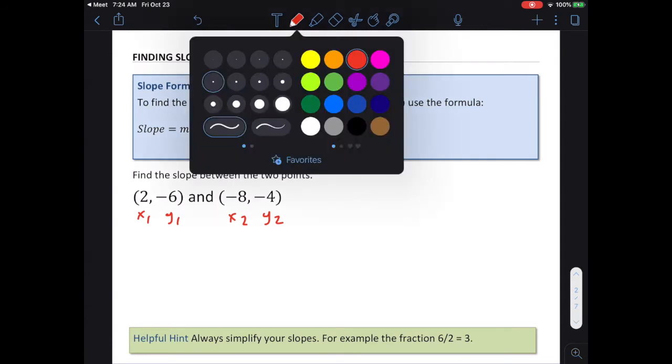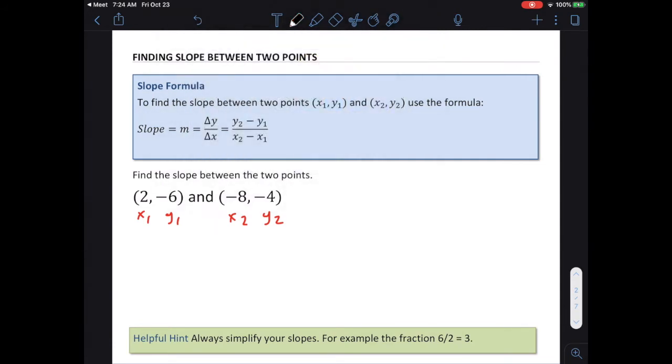So then we're going to go ahead and find the slope. So we're going to say m equals, and we're going to subtract the y values on top. So we have -4 minus -6 over -8 minus 2. Now, this example contains just about everything that you're going to encounter as you find the slope.